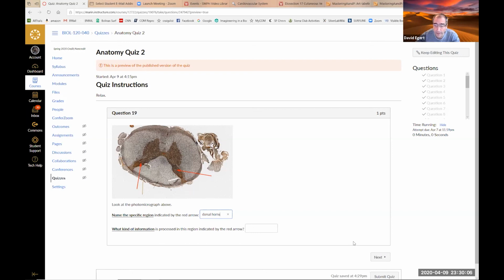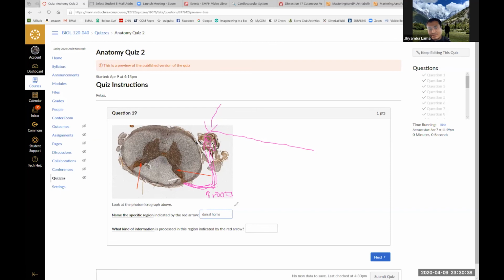If I was looking at the axons, this is the roots, and they are going to come into here where we have unipolar neurons. What is this structure over here? Dorsal root ganglion. That's the dorsal root ganglion there.